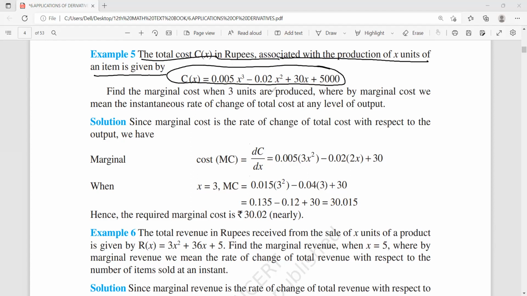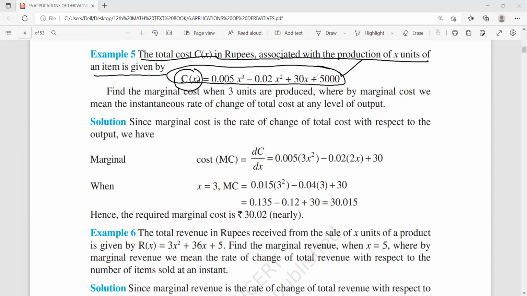So for x units of production, the cost function C of x is given like this, so that depending on x units produced, you will get the cost.